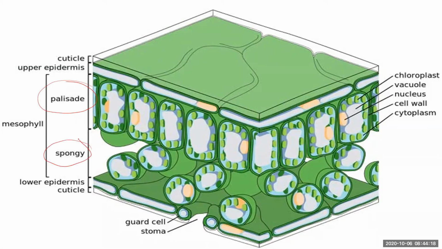So si palisade and spongy are both parenchymal cells, but they differ in their shape. So si palisade cells are usually cube-like ang shape nila or parang rectangular shape. And they are usually seen sa upper epidermis part. So if you can observe, medyo compact sila.